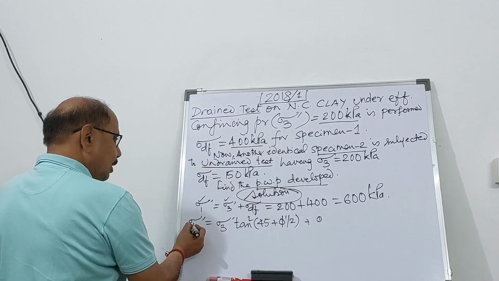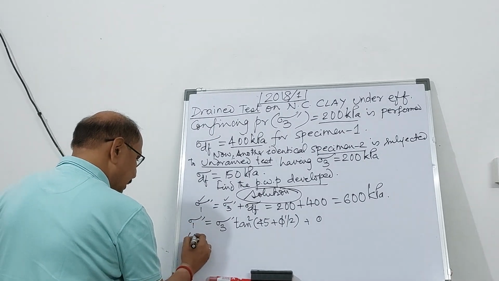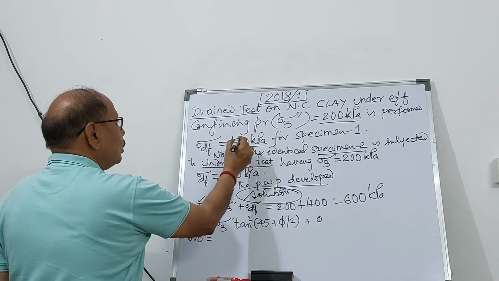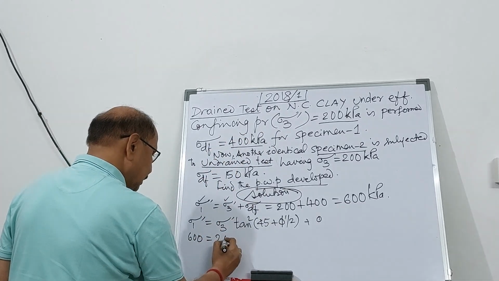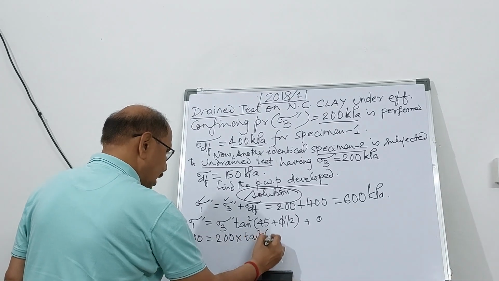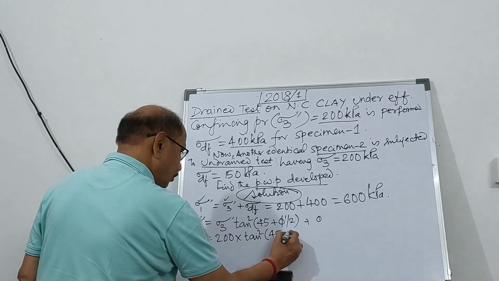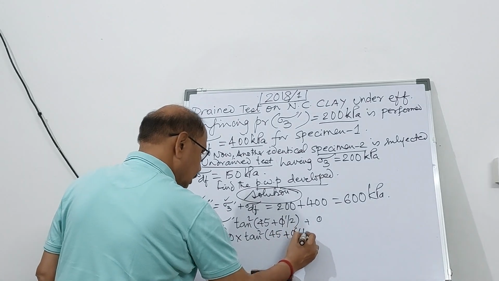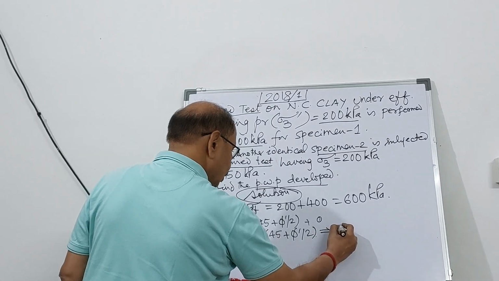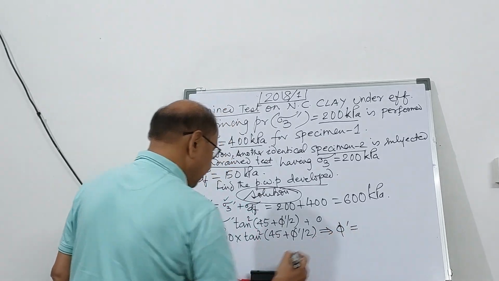Therefore, 600 equal to 200 into tan square (45 plus phi prime by 2). Solving this, you can find out phi prime.